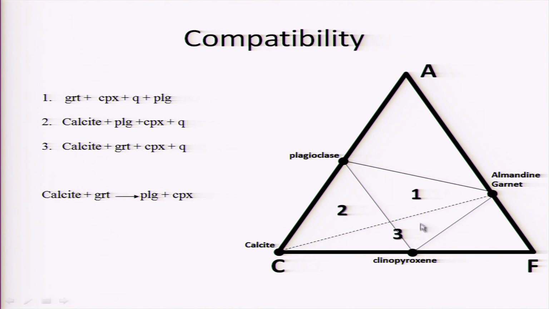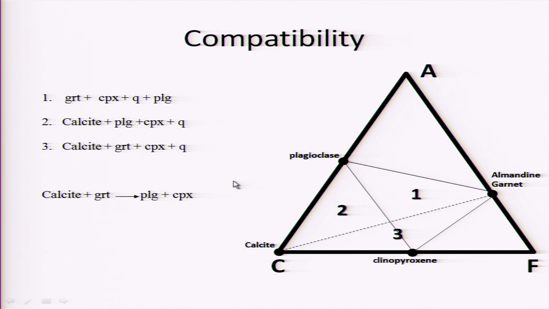Therefore, the 3-phase assemblage 1 and 3-phase assemblage 2 can coexist with each other, which means that both can coexist within the same range of 2 degrees of freedom represented by pressure and temperature, and they are called compatible assemblages.